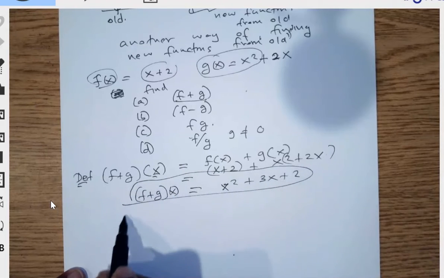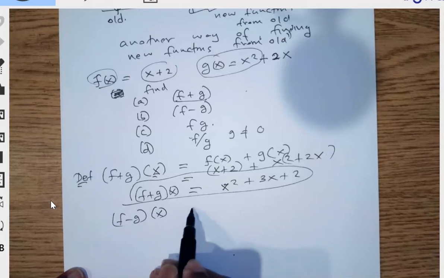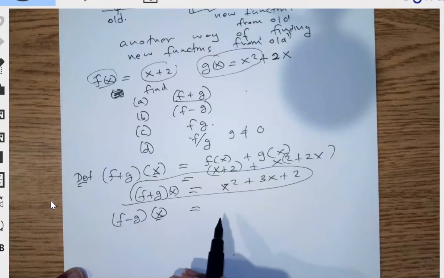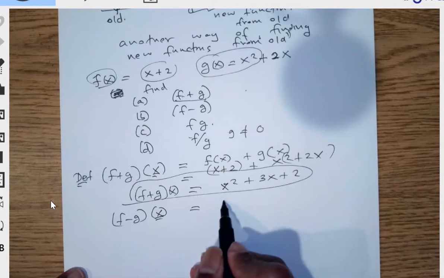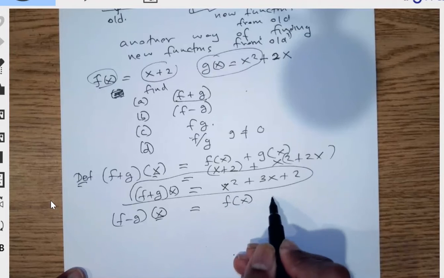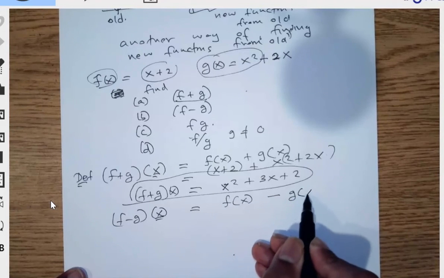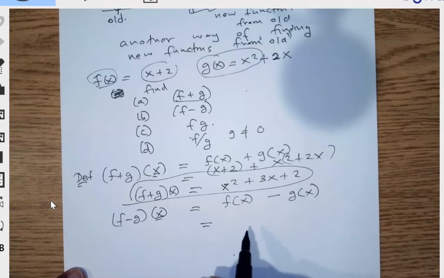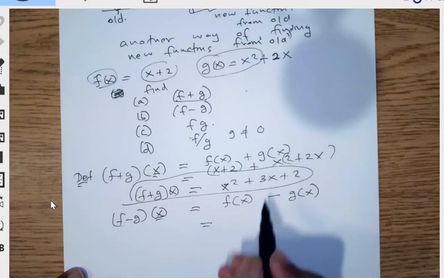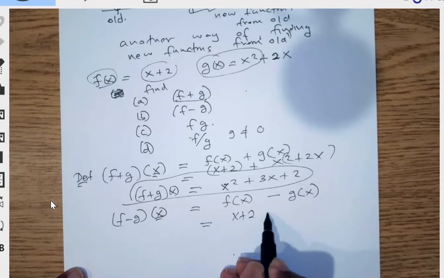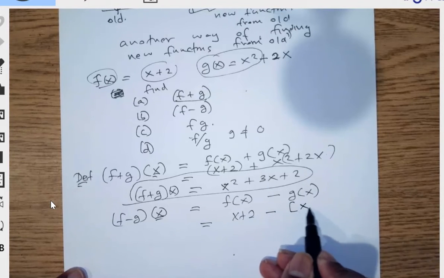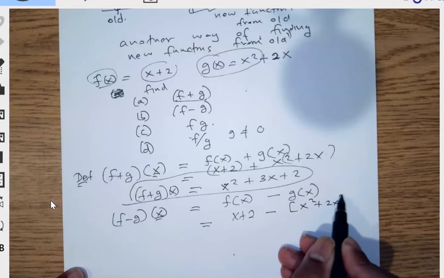Similarly, you can find f minus g of x, which is defined so that the output of this new function for x will be the output from f minus the output from g. Then the output from f is x plus 2 minus the output from g, which is x squared plus 2x.